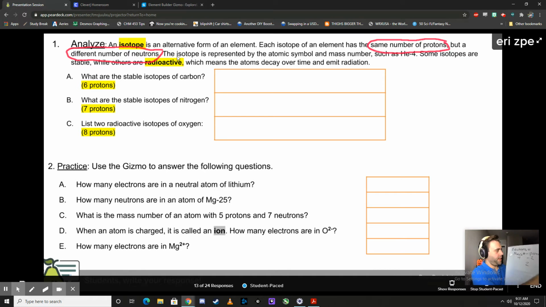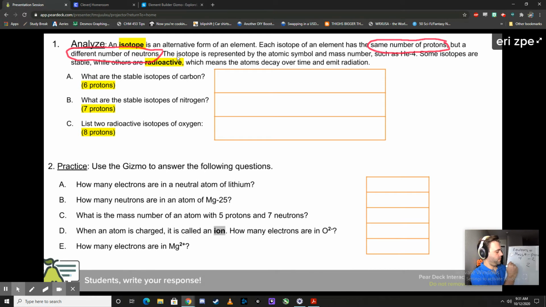So this is 1A, C-12. Okay, so there's one isotope of carbon, carbon 12, C-12.